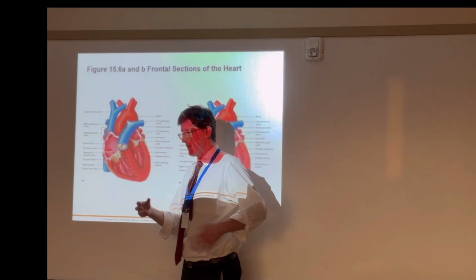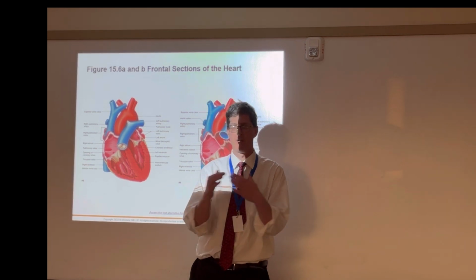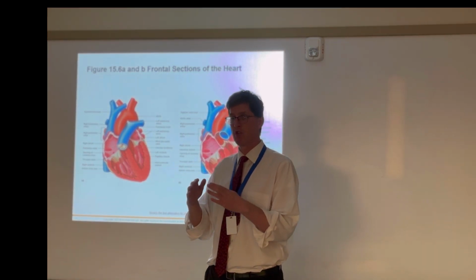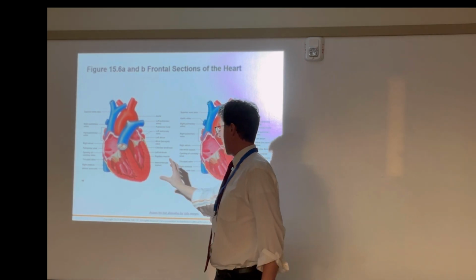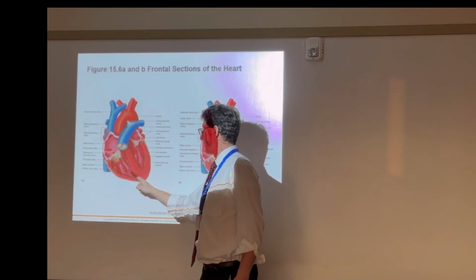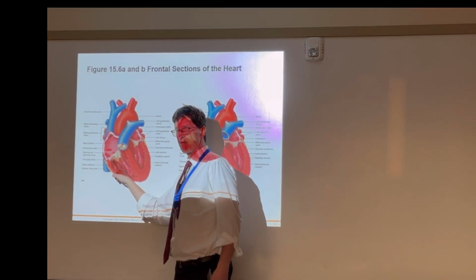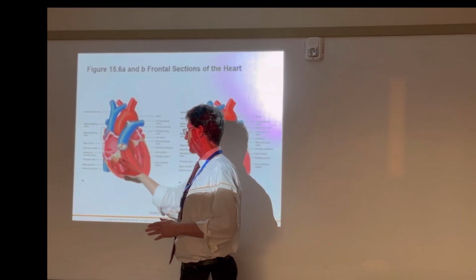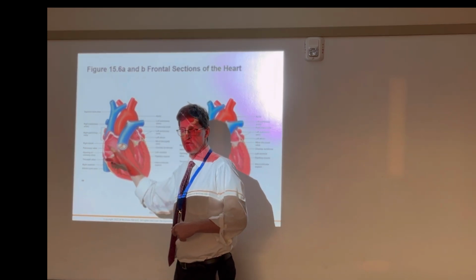Cusp means a flap of tissue. So the right side has 3 flaps of tissue that, when the ventricles contract, the blood pushes up against and they snap shut. That's what stops the blood from going backwards.